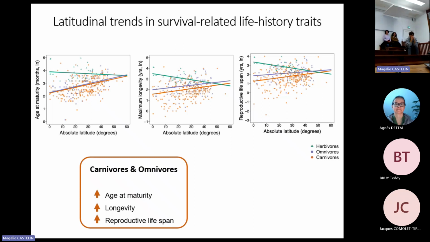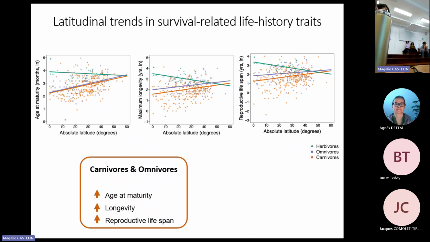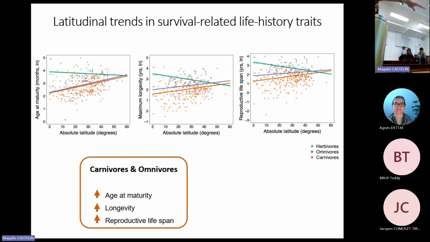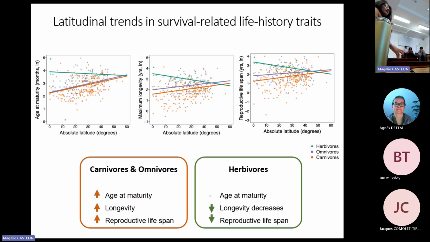So they mature later in the temperate. They live longer in the temperate. And their reproductive lifespan, how many years they can produce offspring, is also higher in colder temperatures. But those green lines are the herbivores, and it's in the opposite direction. Right? So they are suffering. Herbivores have their age at maturity not change, but their longevity decreases, and their reproductive lifespan.